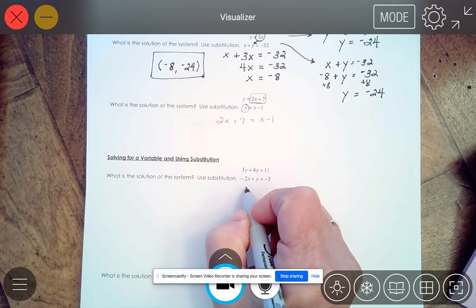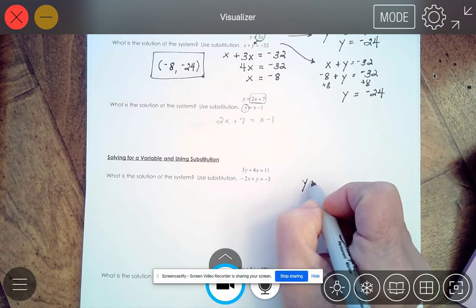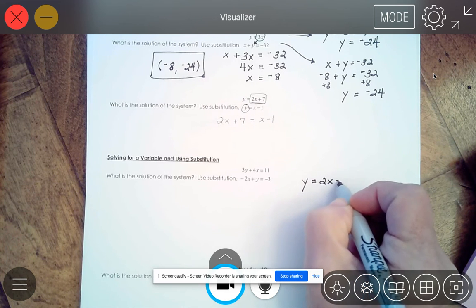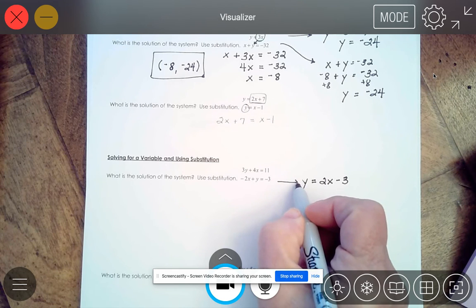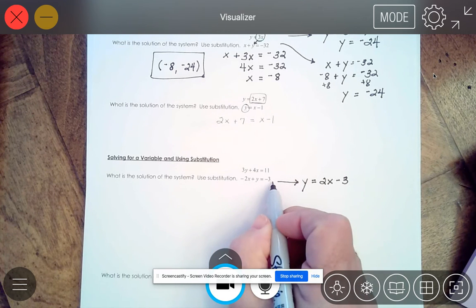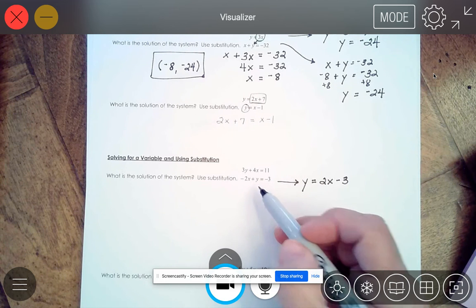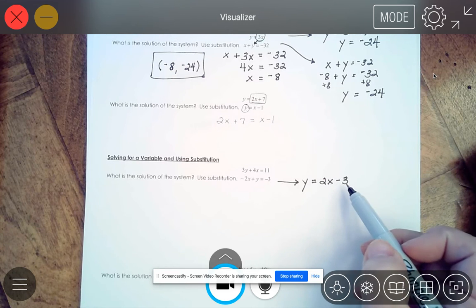So if I add 2x to both sides, I'm going to have y is equal to positive 2x minus 3. So all I did was add 2x to both sides. That left me one y on the left side, and I have now a positive 2x minus 3.